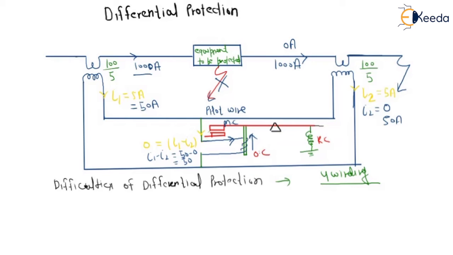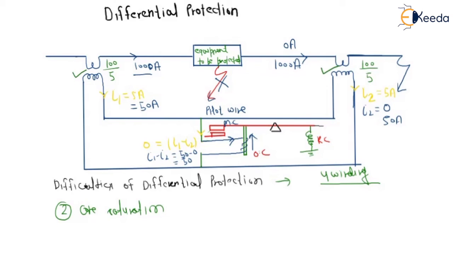Now the second problem is the problem of core saturation. You all know that the core can get saturated. Let us assume we have two CTs.